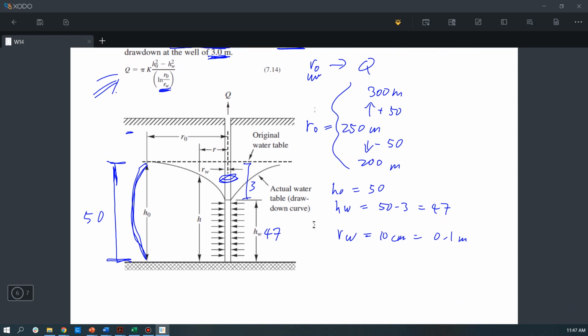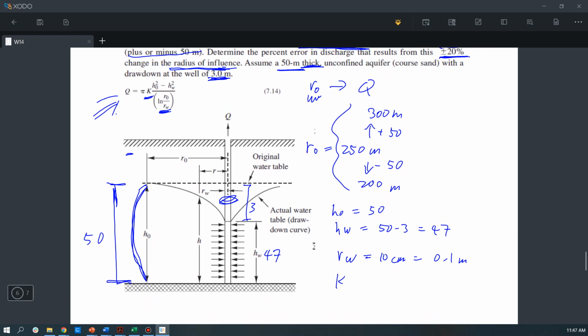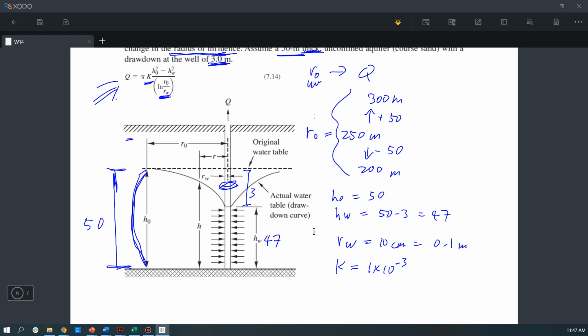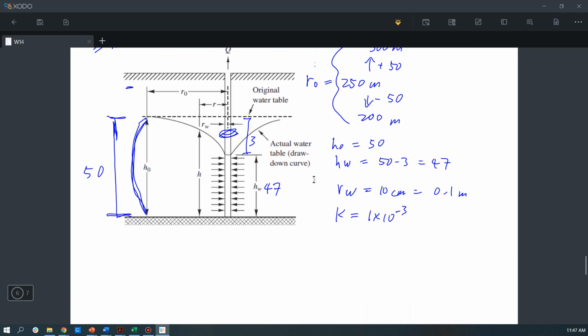Okay, one thing we also need to know is this conductivity K. And here you can obtain the K value from table 7.2, but here I will just give you the value. It's equal to 1 times 10 to the power of minus 3. Okay, so now we have all this information, we can apply equation 7.14 to evaluate the change in the discharge.